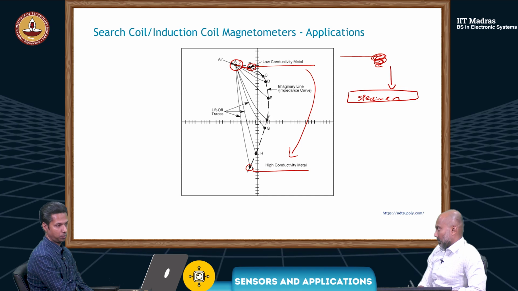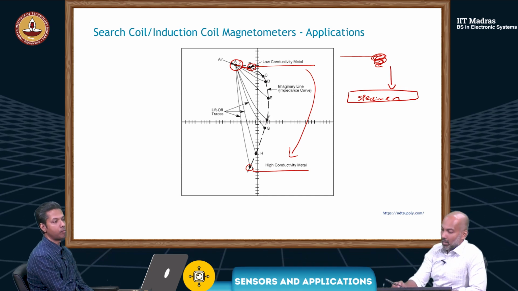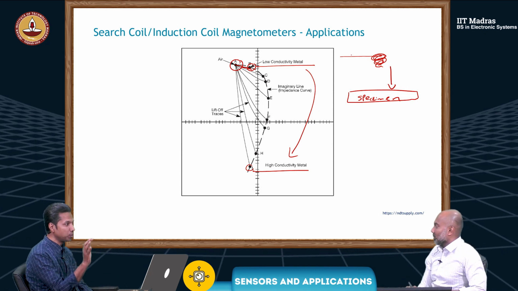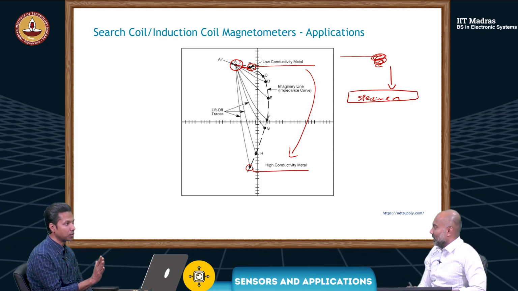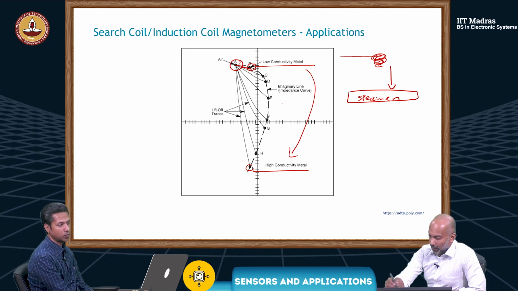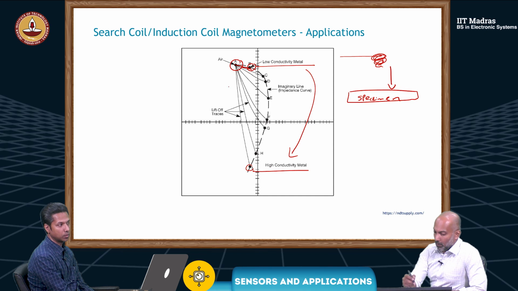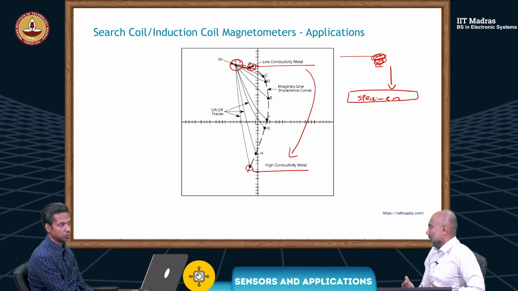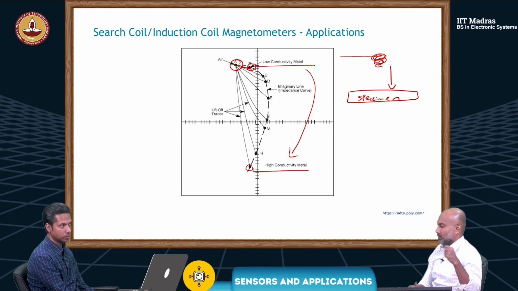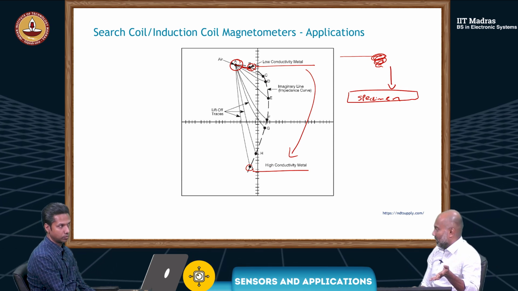Now, as we go along and you increase the... So the object is the same and you are changing the liftoff? No. Here we are basically nulling the instrument. We are saying, when it's away from the specimen, this is what the impedance is.